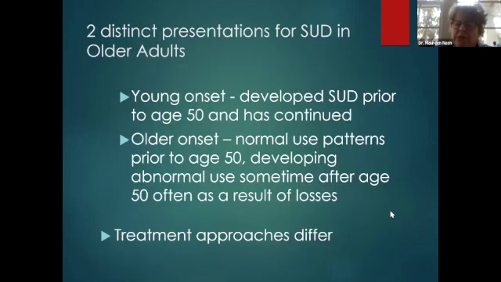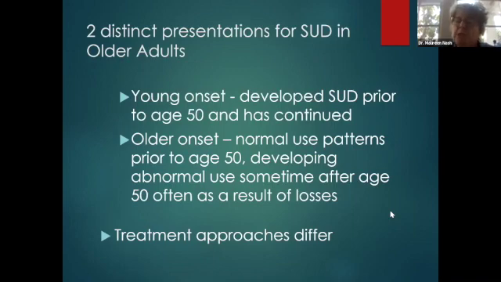And when we're talking about substance use disorders in older adults, there really are two different categories. It turns out that it's really helpful, when you're doing an assessment, to figure out which group your patient or client falls in. So there's a group of people with young onset substance use disorders who developed their disorder prior to age 50, and it has just continued.